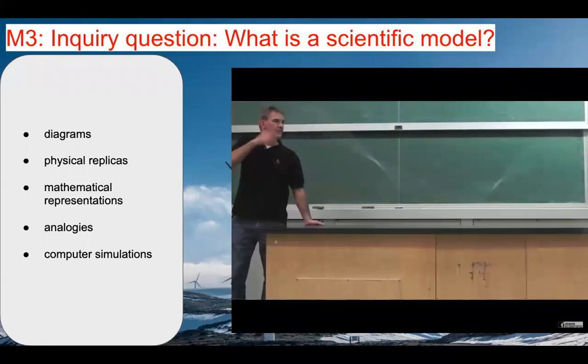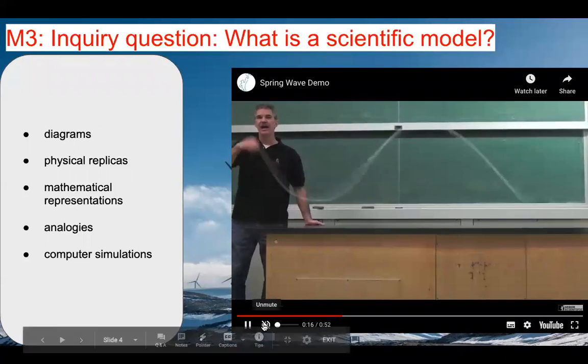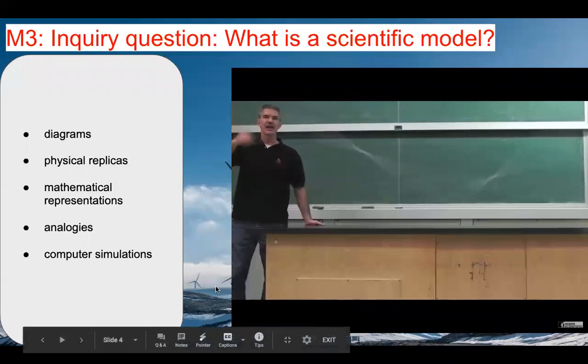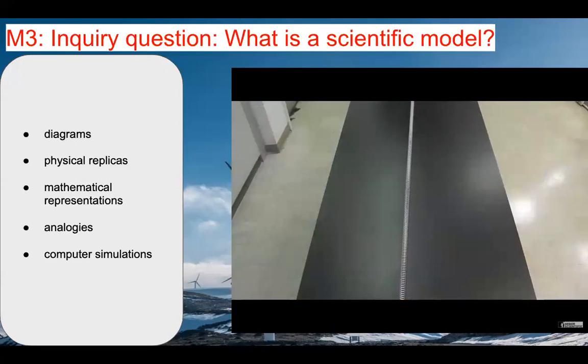But you can see here, this is representing how waves move. That's not how all waves move. But this allows you to understand that a wave is just energy moving through something. And it's either moving through a medium or it can be moving through space or anything like that. It's just a way of representing an idea.